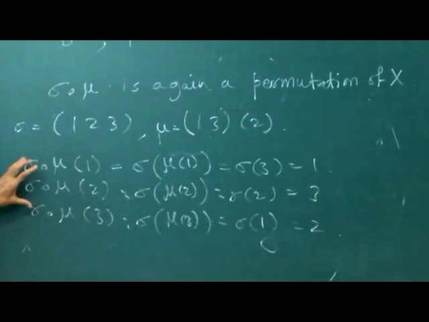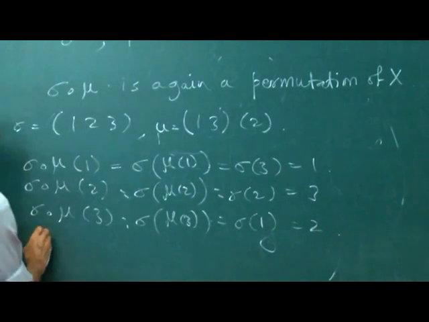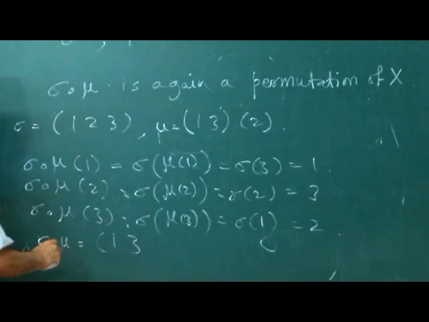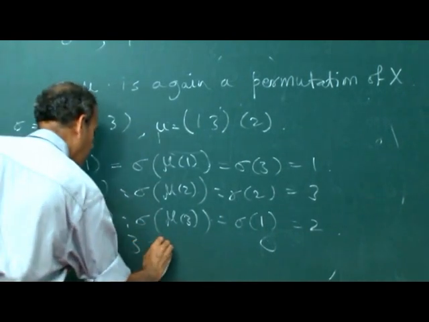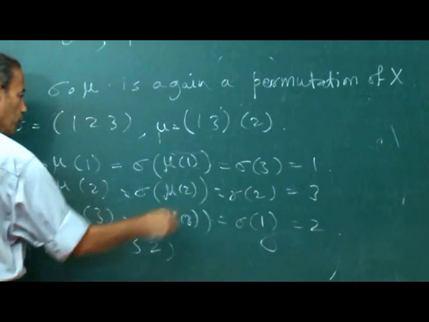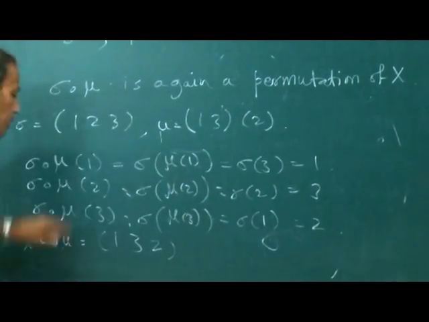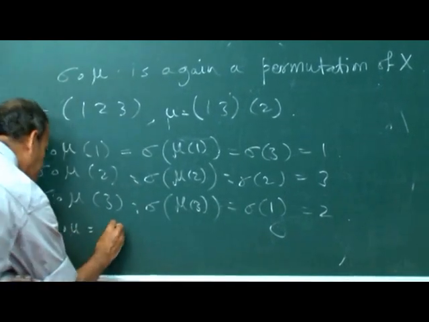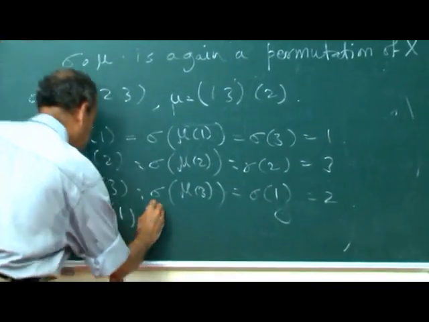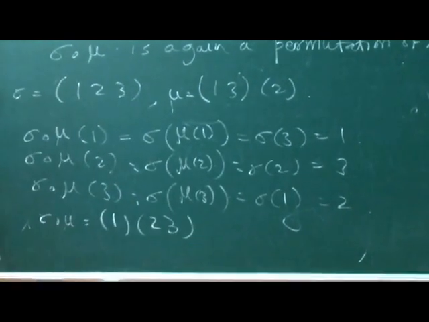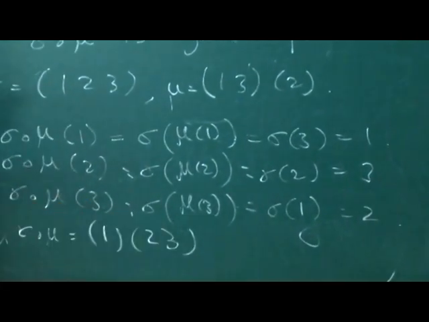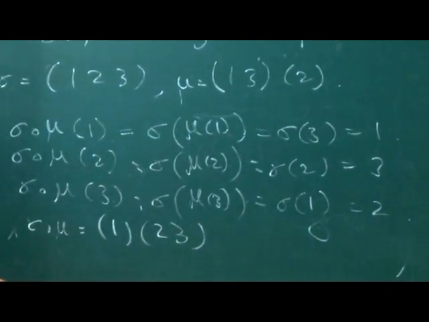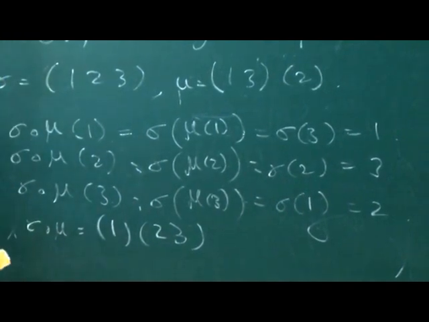So you can see that sigma mu takes 1 to 1, 2 to 3, and 3 to 2. So you can see when you compose, you get another permutation. Okay? So you can check very easily.